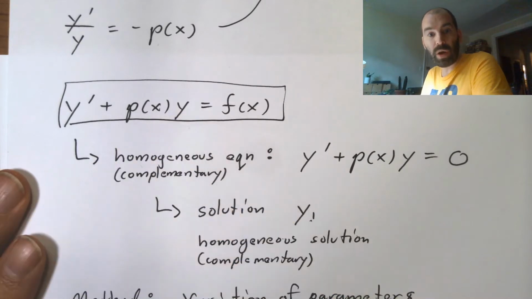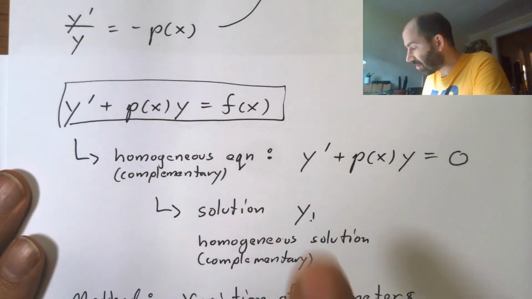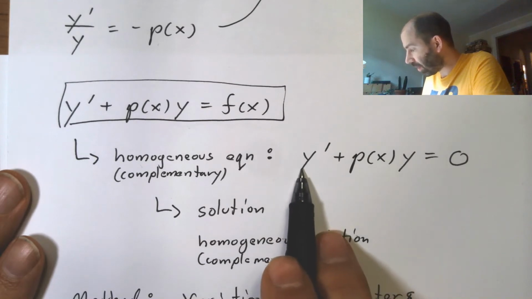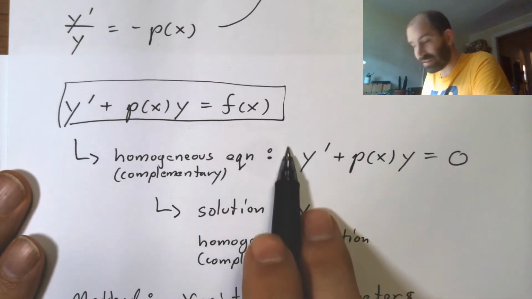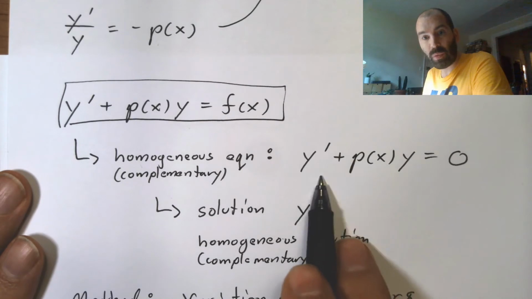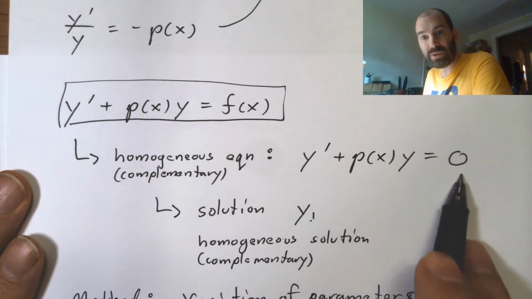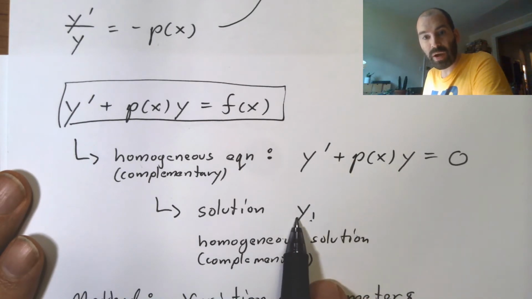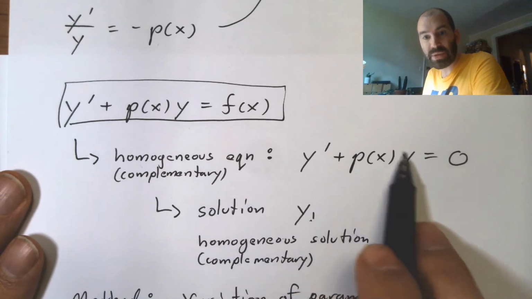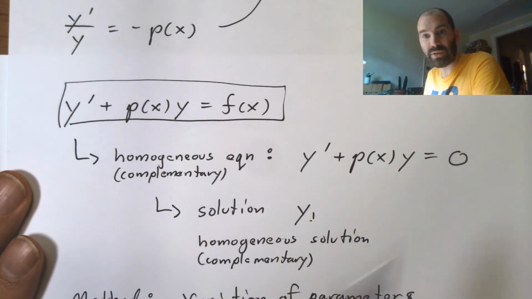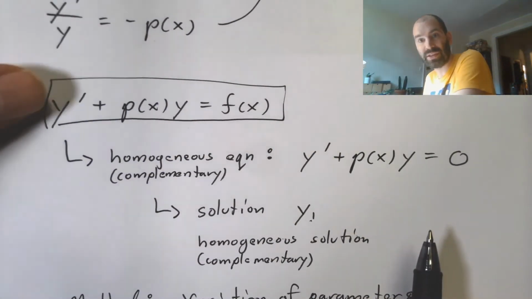But what happens when we plug y1 in place of y? Well, y1 is the solution to this. And what's this? This is equal to 0. So if I plug y1 in place of y, this part becomes 0. That's what the complementary solution is. It's the thing that makes that 0.